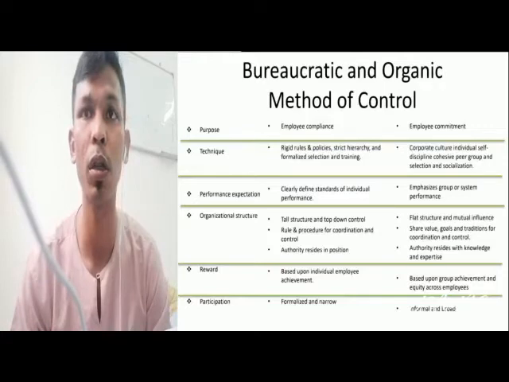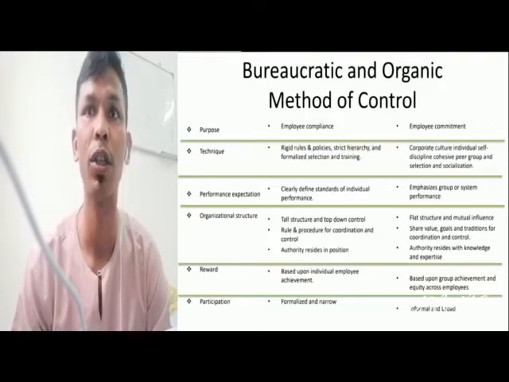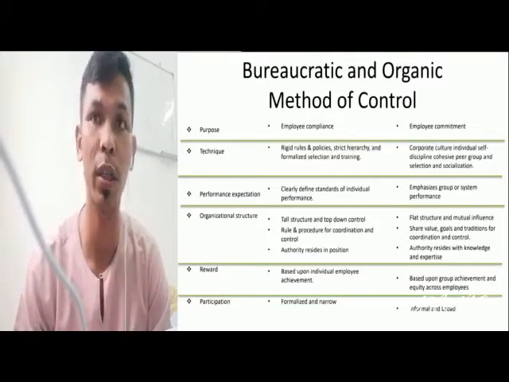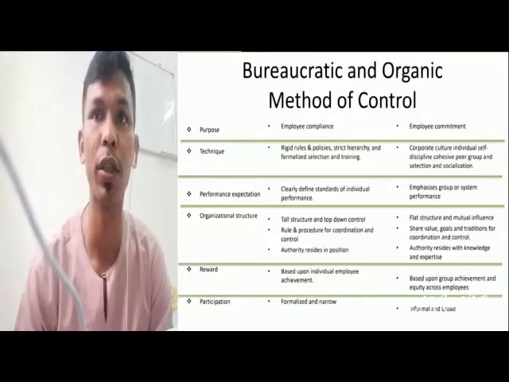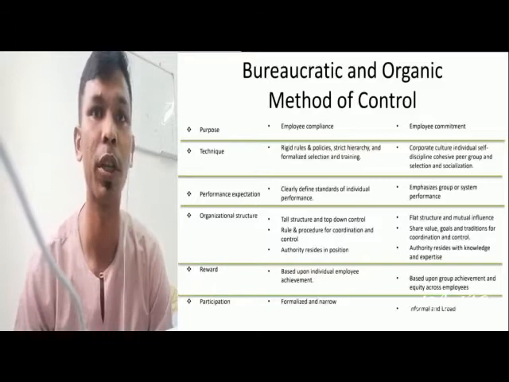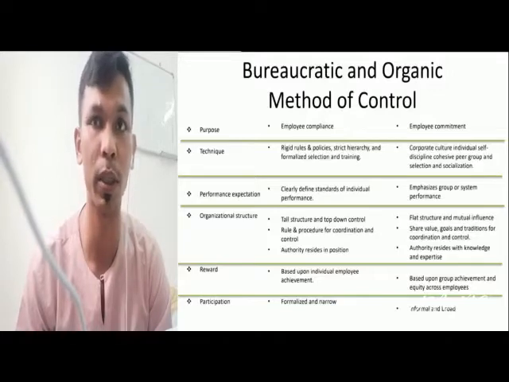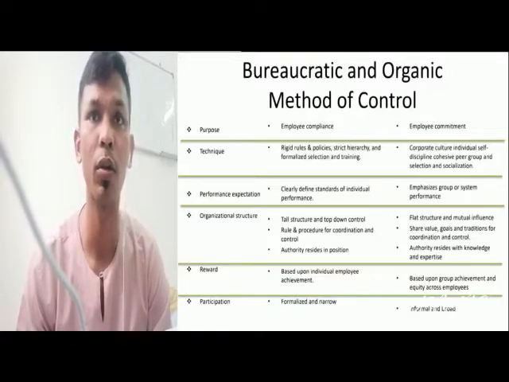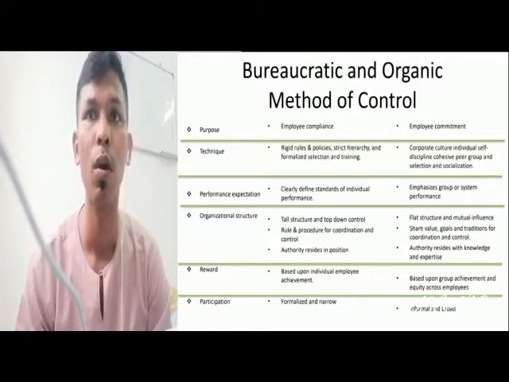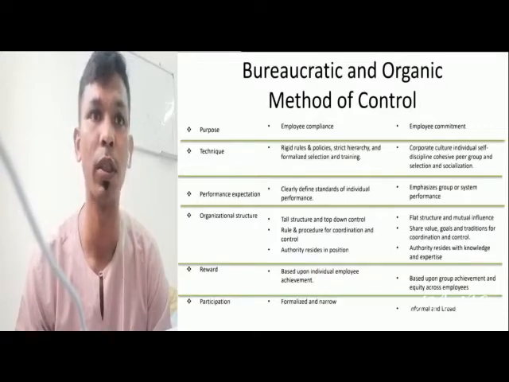For organic control, corporate culture, individual self-discipline, cohesive peer group, and selection and socialization. For performance expectation: under bureaucratic control, clearly defined standards of individual performance. And for organic control, intensive group or system performance.